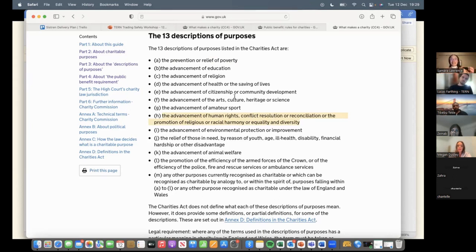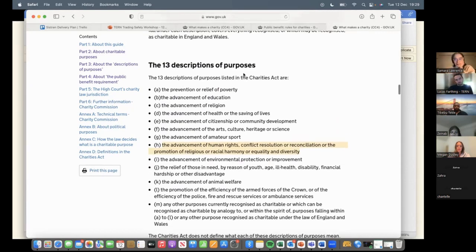Sometimes it can be too narrow and limit you, because you can't do anything outside the charitable purpose you've set. But sometimes it's helpful to focus your purpose on who exactly you're trying to support and who's going to benefit from the organization. So that was the first bit.